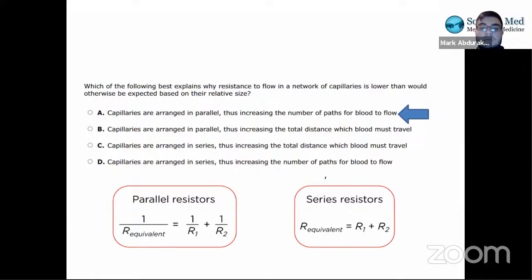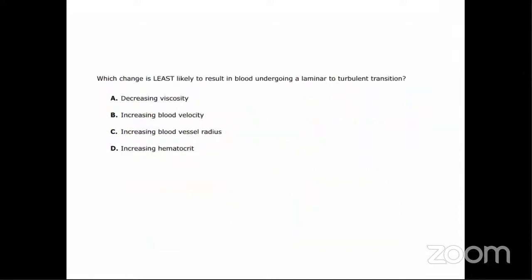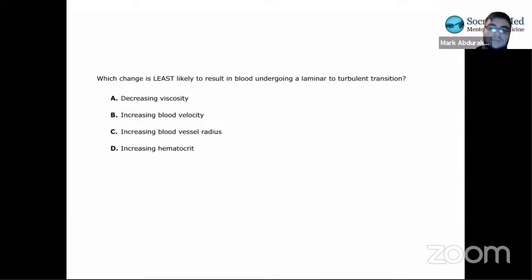If you took a series circuit and made it really long, so the distance is the same as a parallel circuit, the resistance would still be smaller in the parallel circuit, even though the distance for the blood to travel is the same. Okay, that makes sense. All right, no other questions, please take a couple of minutes to look at this problem.